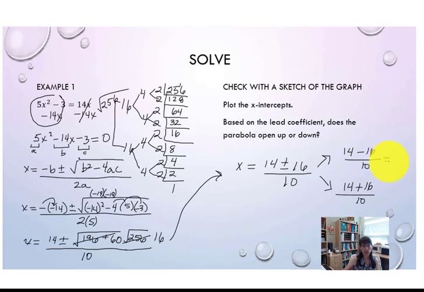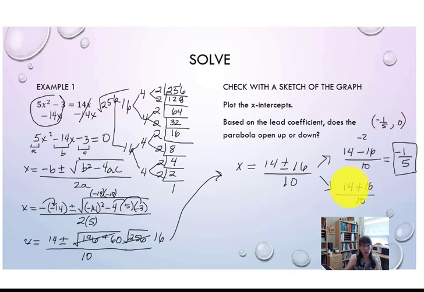So when I simplify, 14 minus 16 would give us negative 2 tenths. Negative 2 tenths can reduce to minus 1/5. So one of our zeros is negative 1/5, or you could say one of your x-intercepts is negative 1/5. As an ordered pair, that would be negative 1/5, comma 0.